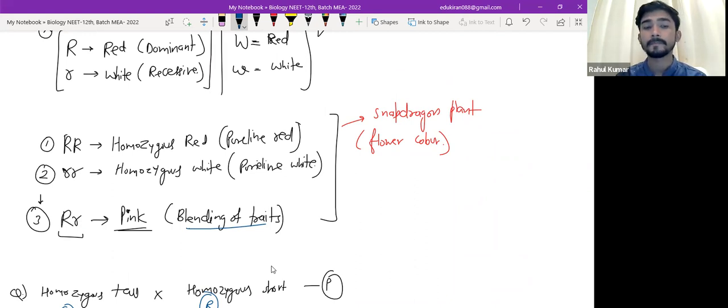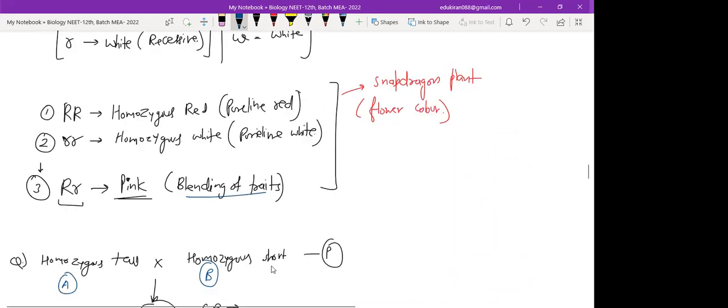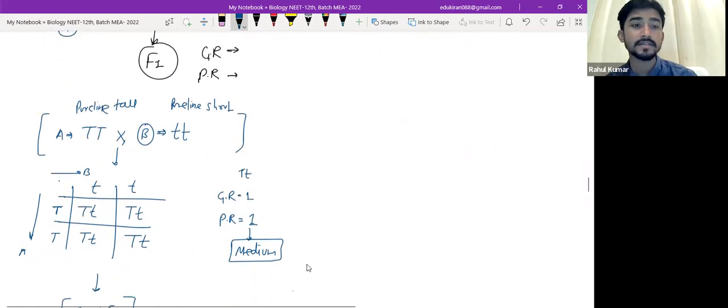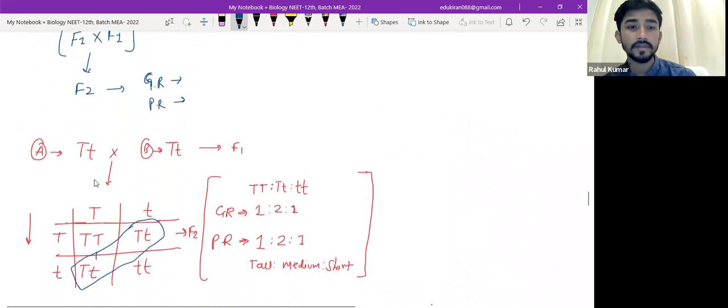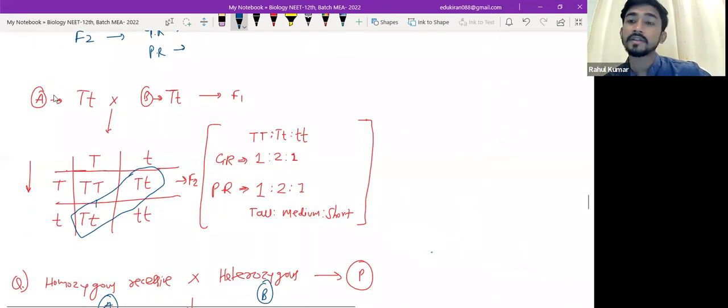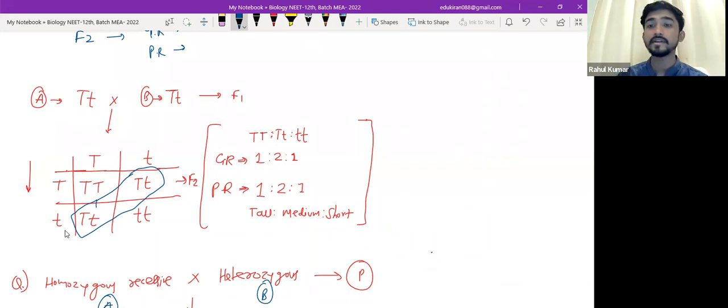But even when this capital T and small t, considering that there was incomplete dominance, even when this heterozygous individual made gametes, the gametes were pure again, right? Gametes did not give rise to the pink character at all, even if there was incomplete dominance, dominance, or codominance.